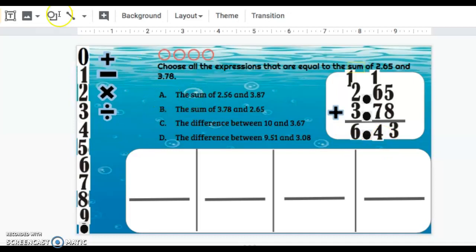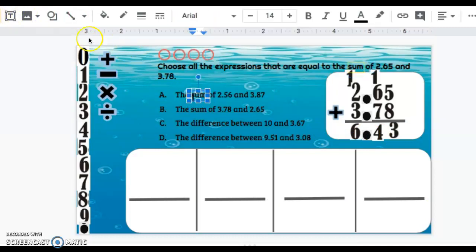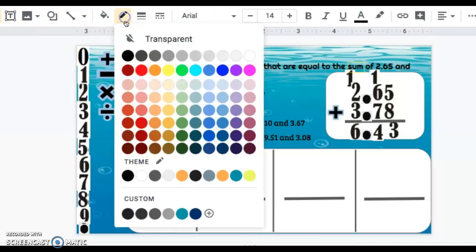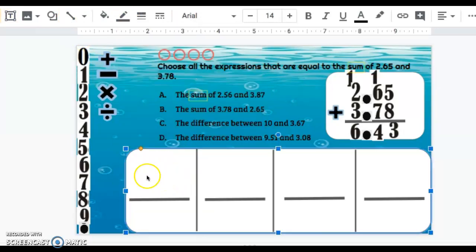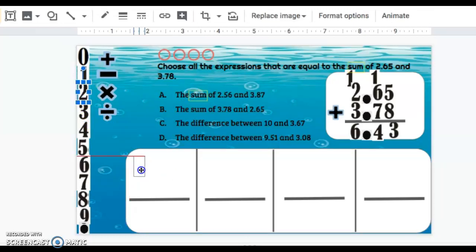So let's start with A. A says the sum of 2 and 56 hundredths and 3 and 87 hundredths. So we're going to sit here in our first box, we're going to add 2. We're going to put the decimal point there to make sure that we line our digits and decimal points up when we're adding. 5 and 6.